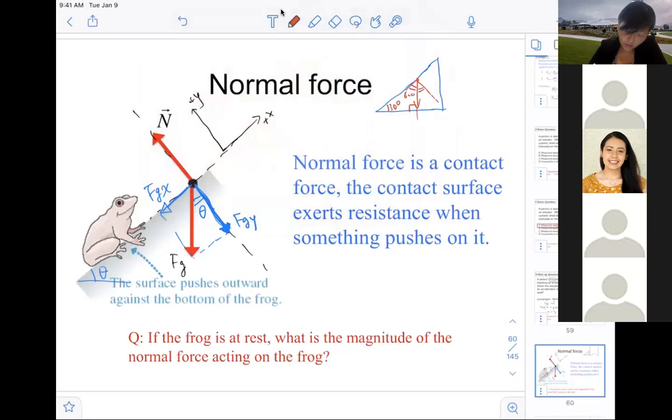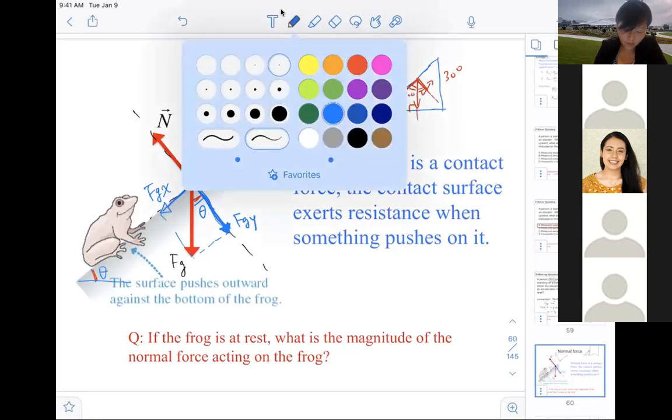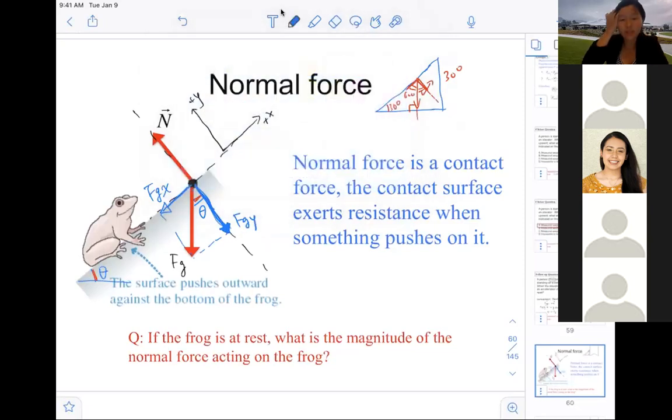And this is perpendicular, this is 90 degrees, so this little angle is 30 degrees. So this angle and this angle of the ramp is the same angle. Okay, so if they tell you it's a ramp that's been tilted 30 degrees with respect to horizontal, then this is also 30 degrees. With that angle, we will be able to write down F of gx and F of gy.